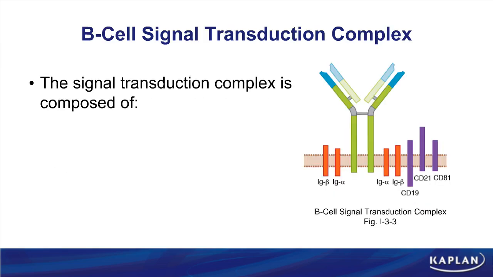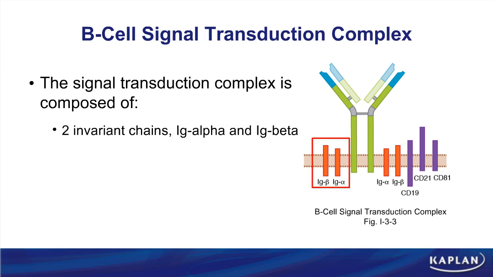So let's take a look at the B cell signal transduction complex. You'll recognize the B cell receptor seated in the membrane of the B cell, but also embedded in the membrane, you're going to see a couple of different things. You're going to notice that the little orange molecules are labeled Ig alpha and Ig beta. Those are two invariant chains that associate with every B cell receptor in the B cell membrane, and they are responsible for the signal transduction that is necessary for B cells to become activated and to proliferate.